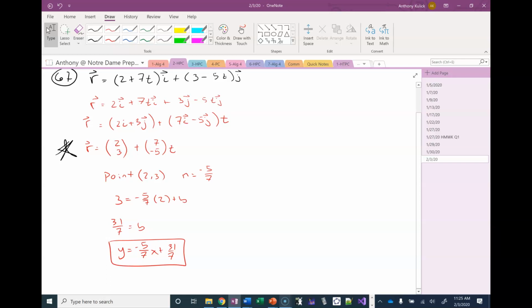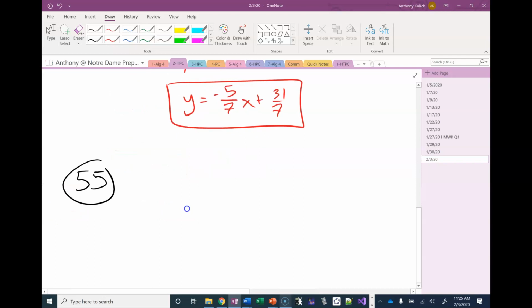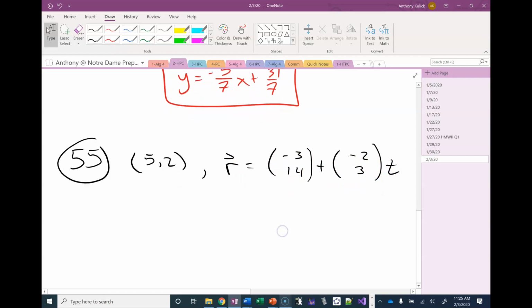55 asks us to determine whether the following point lies on the line. Okay. So in 55, we're given the point 5, 2. And the vector line equation we're given is this. Okay.